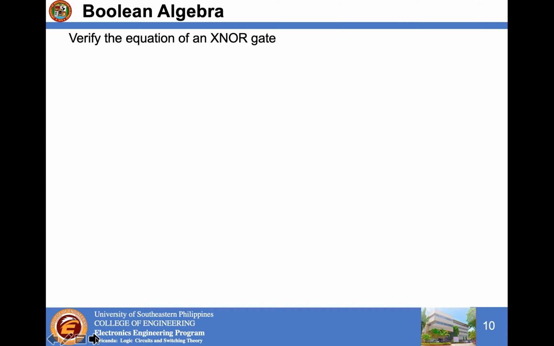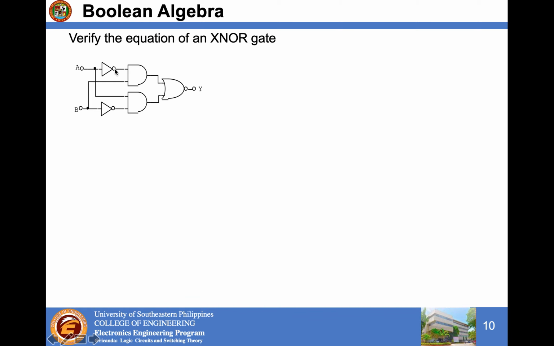So we have to verify the equation of an XNOR gate. We know that for an XNOR gate, we have this circuit, a combination of AND gates connected to a NOR.